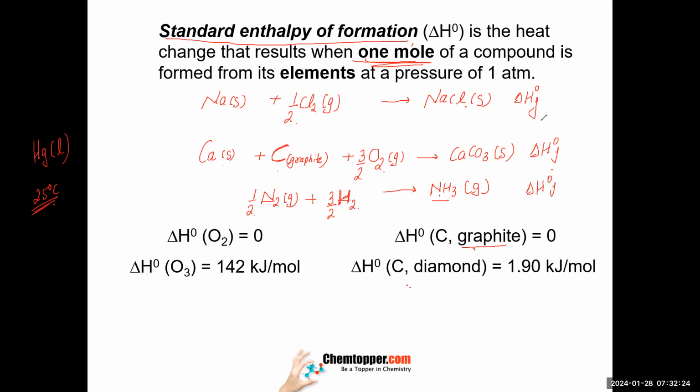The enthalpy changes. F means formation. It should be F here. This indicates formation. If I write something like this, delta H naught COMB, what does it mean? Combustion reaction. If I write delta H naught SUB, sublimation.